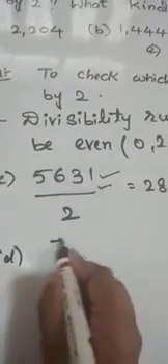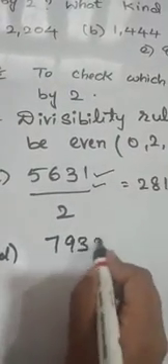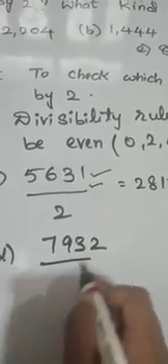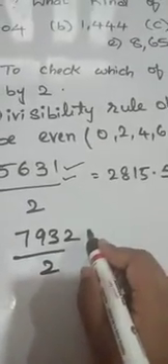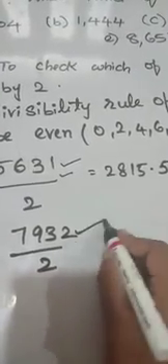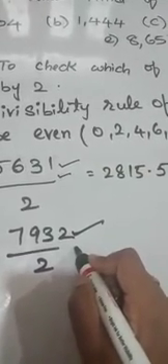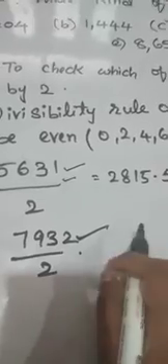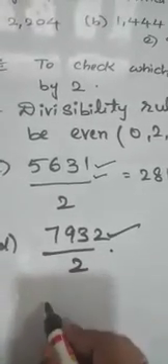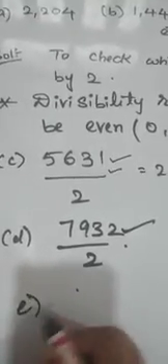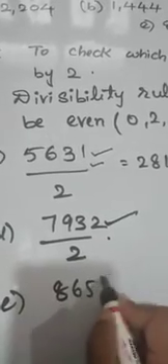Similarly, we have to do D and E. So directly we can say whether it is divisible by 2 or not. D is 7932. The last digit is 2. Yes or not? Yes, so it is divisible by 2. Next, E: 8657.